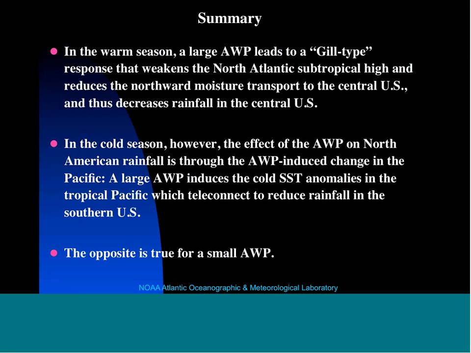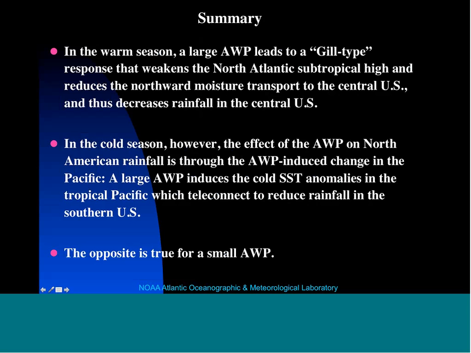So here is a summary of this talk. Basically, during the warm season, the large warm pool leads to a Gill-type atmospheric response, which will weaken the North Atlantic subtropical high and reduce northward moisture transport, and then reduce the rainfall over central U.S. However, during the cold season, the situation is different.